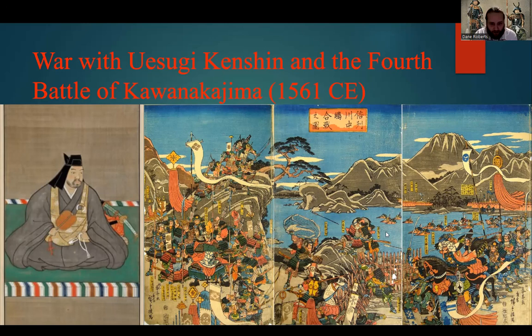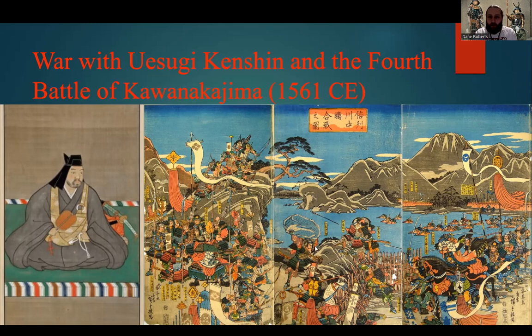Here is Takeda Shingen over here and Uesugi Kenshin over here. But it did not really see a victor. Because Uesugi Kenshin, being just as skilled a military tactician and leader as Takeda Shingen, was able to charge through a gap in the Takeda army lines and get very deep into the Takeda battle formation and actually threaten Takeda Shingen himself.